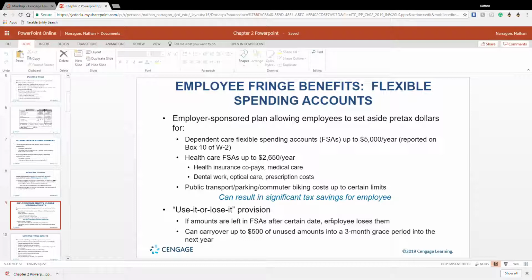If you have more than 500 that you didn't use, well, you just lost out on that money. Okay, so into a 3-month grace period, just in case something happens. I'm honestly saying these are good benefits. They're excellent benefits to have just in case the worst happens.